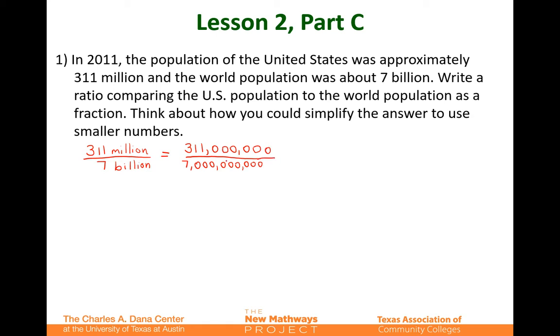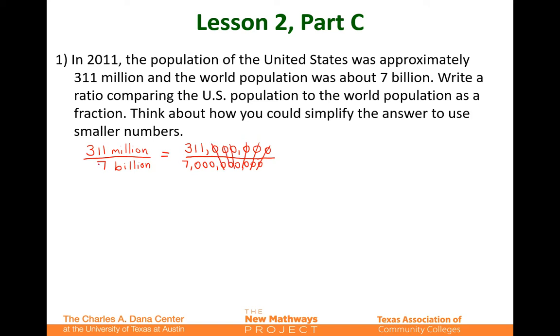So I have 311 million, and on the bottom in the denominator, I have 7 billion. One of the things we can do is cancel out some of these zeros. Remember, if I take a zero off of both the top and the bottom, that's like dividing them both by 10. I can do it here, here. In fact, what we see is we can take out 6 zeros.